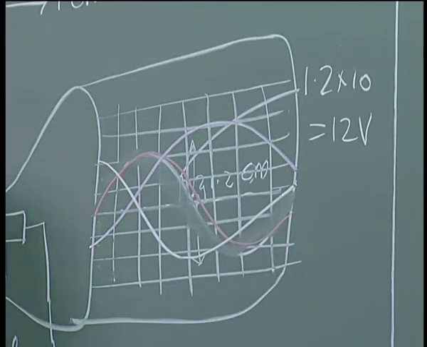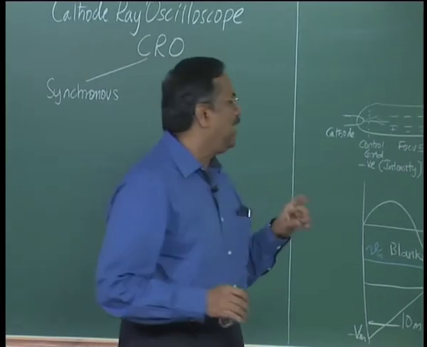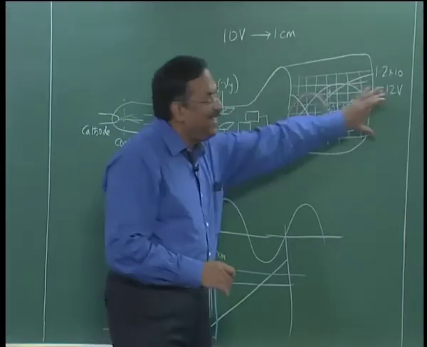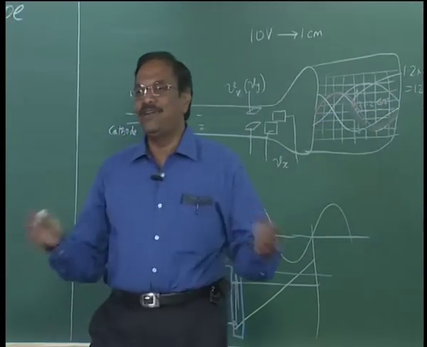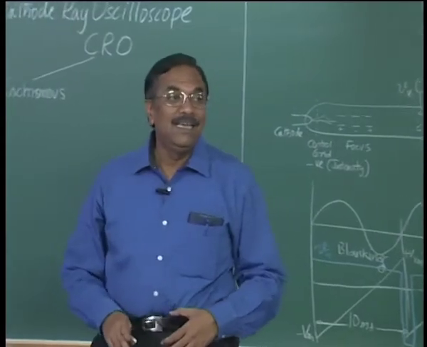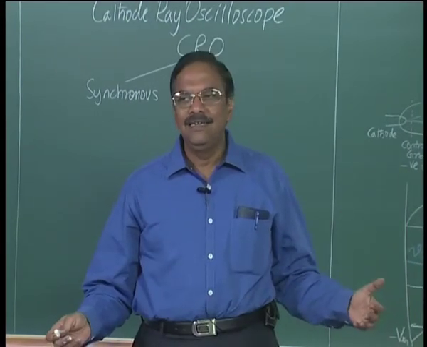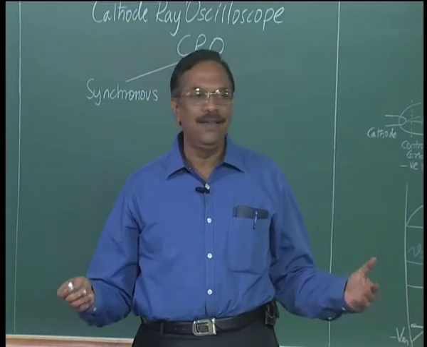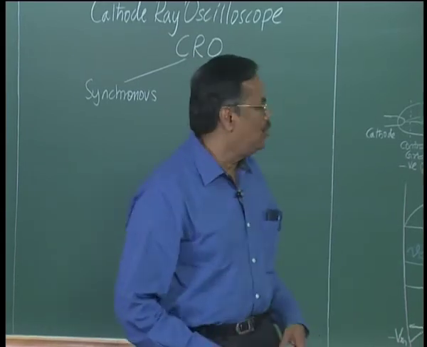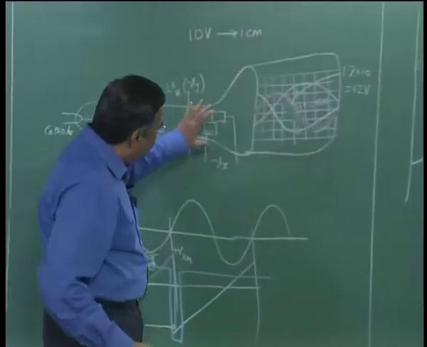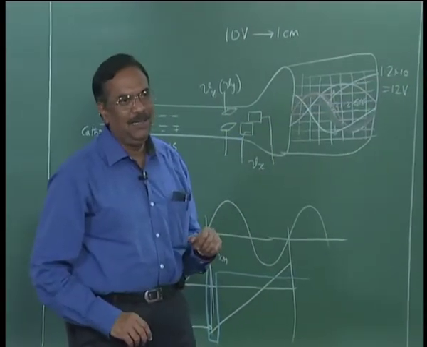We see that the waveforms are not repetitive, each waveform that is displayed is a different portion from my signal that I want to see, and in no time I will see the whole screen cluttered with a large number of waveforms, none of them repeating. So, I will not even see a stable waveform, right. So, the screen would not show what I want to see.